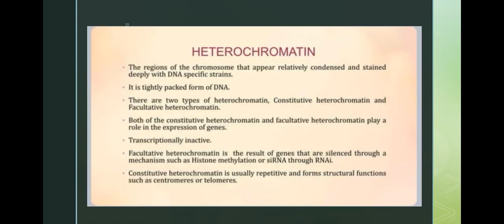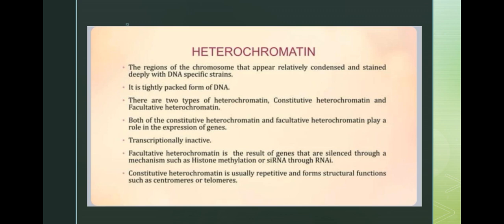Next, heterochromatin in detail. These are regions of chromatin that appear relatively condensed and stain deeply with DNA specific stains. It is a tightly packed form of DNA. There are two types of heterochromatin, constitutive and facultative.